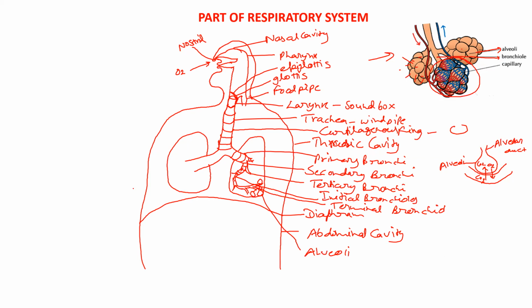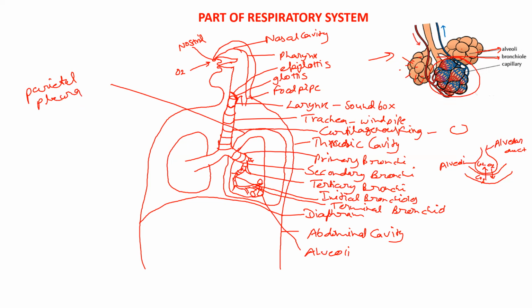Now, if you see here, both the lungs are covered by a double-layer membrane. Okay. So the outer membrane, which is in contact with the thoracic cavity, is called the parietal pleura. Okay.